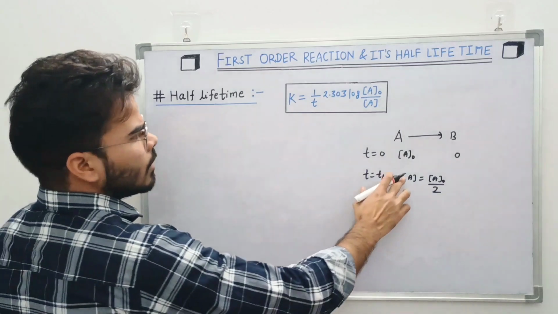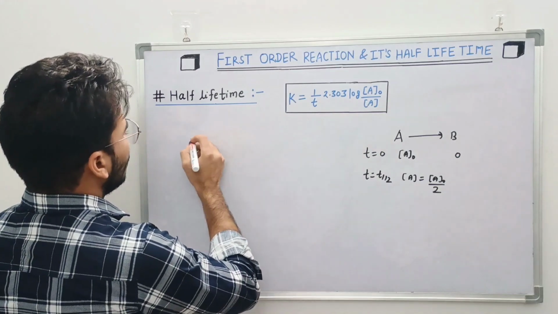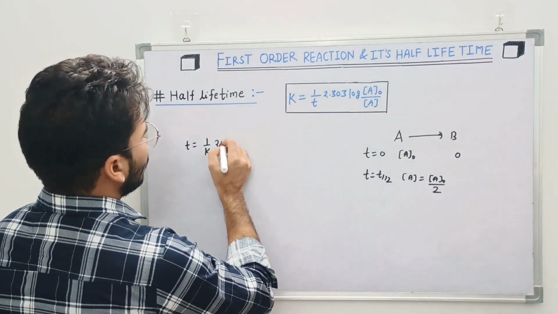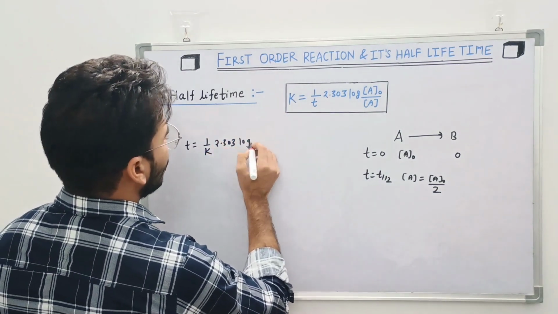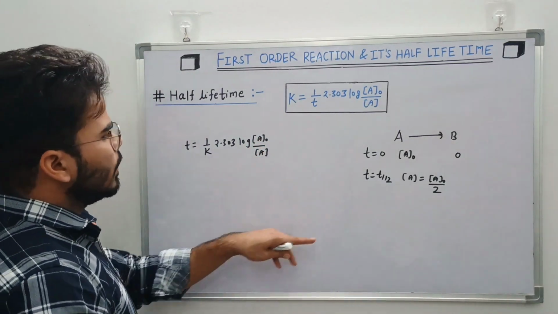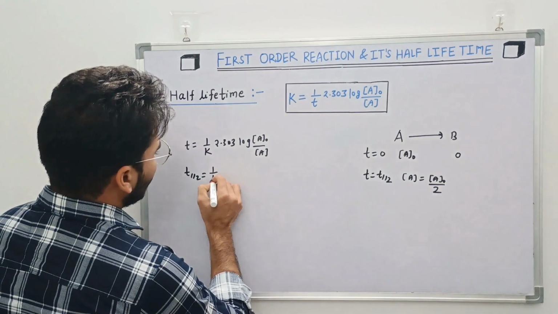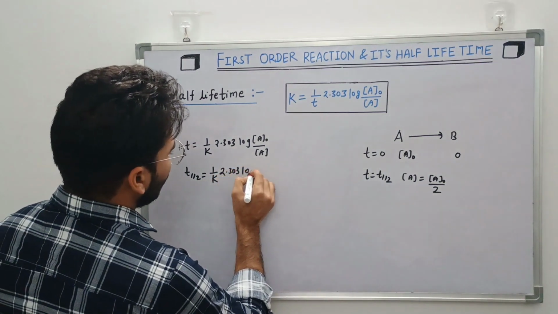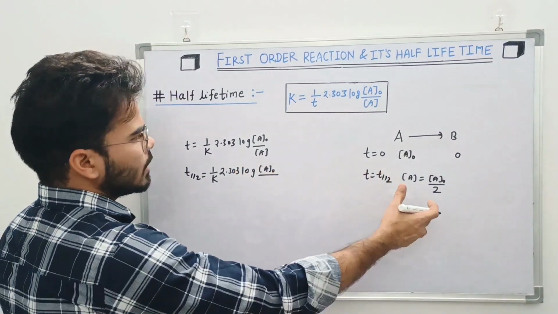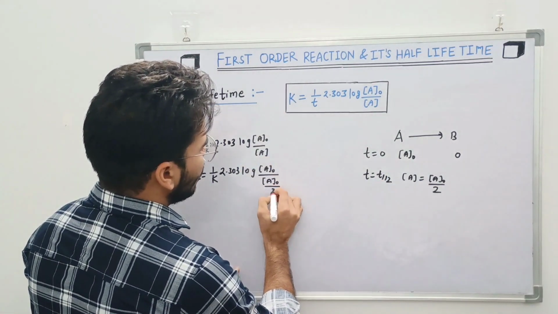So we can derive half lifetime using this rate constant expression, that is we can write t is equal to 1 upon K 2.303 log A0 upon A. So we are deriving half life, so we can write T half is equal to 1 upon K 2.303 log A0, and here our 50% reaction is complete, so our final concentration is half of initial concentration, that is A0 by 2.